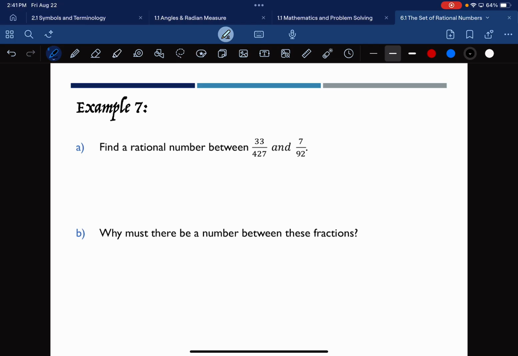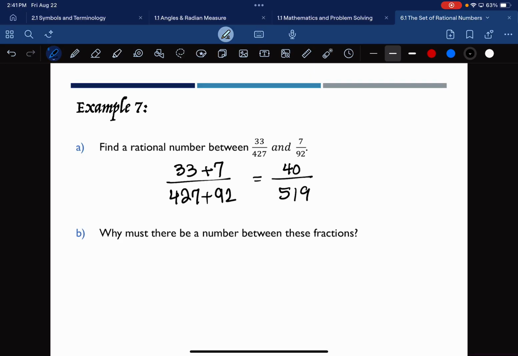That's terrible, right? But we don't have to. Our theorem said I can take the 33 and the 7 and add them together. I can take the 427 and the 92 and add them together. And if I do that, I have 40 over 519.